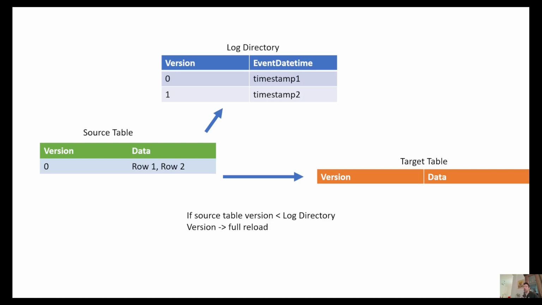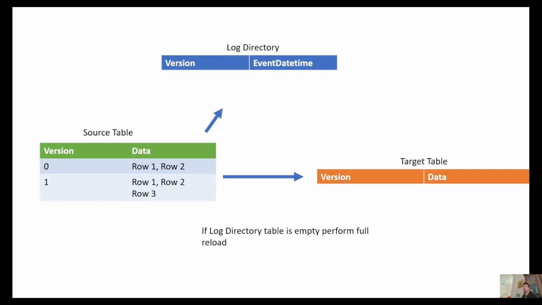Again, there are two more cases. For example, if the source table version is less than the log directory version, that means someone deleted data in the source table. So then we perform a full reload in this case.